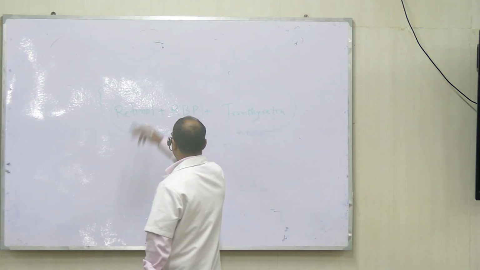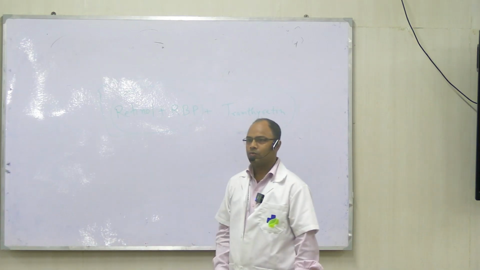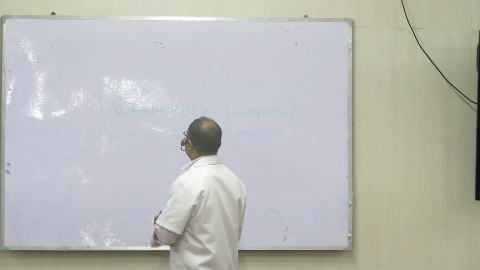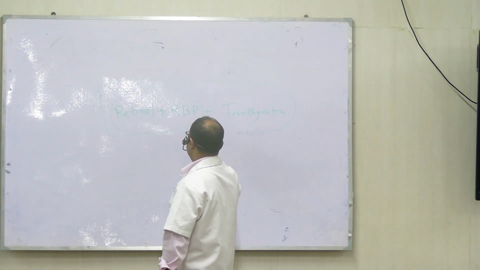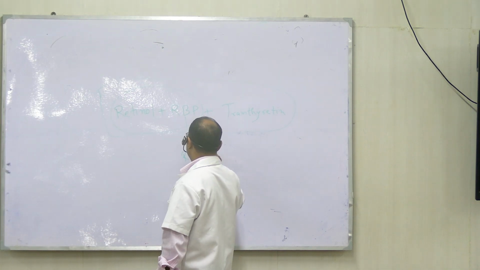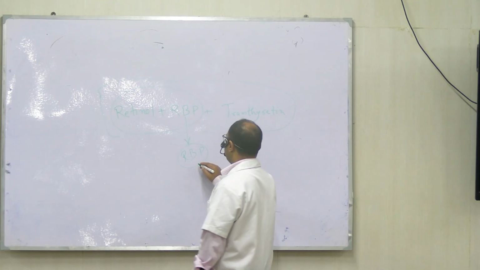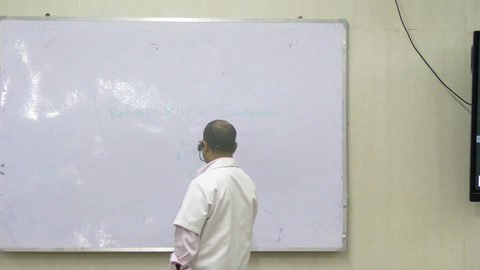Then this whole complex circulates in the blood and reaches the tissue. At the specific site, they deliver this complex, and RBP has receptors on different sites. Once bound, the retinol is internalized into the cell.